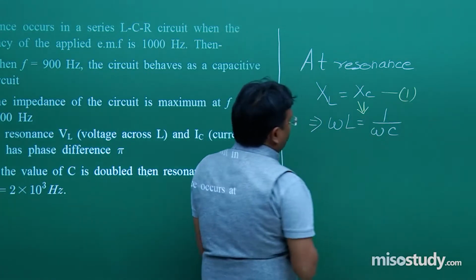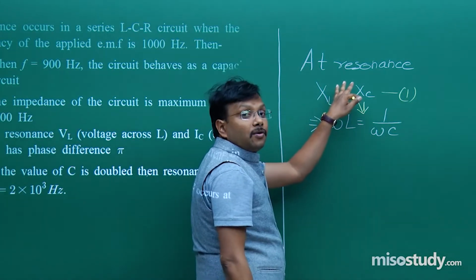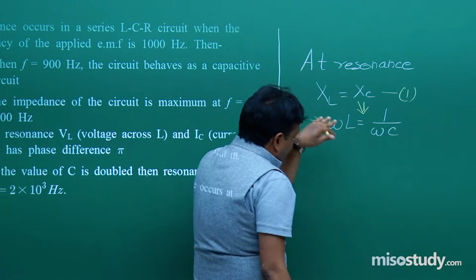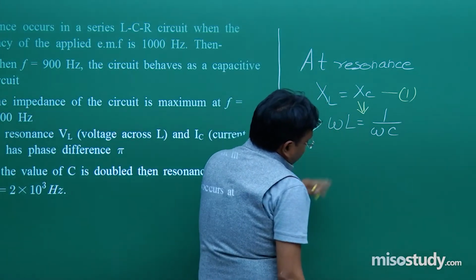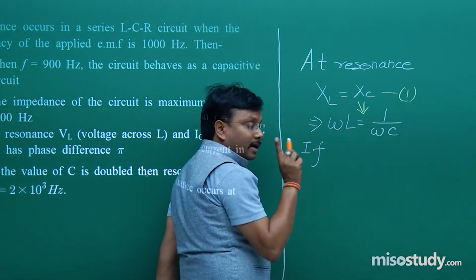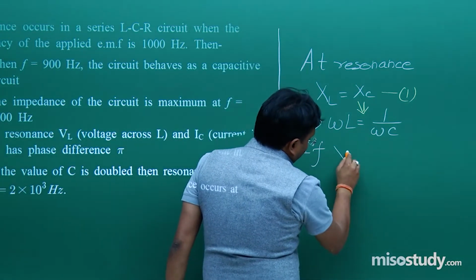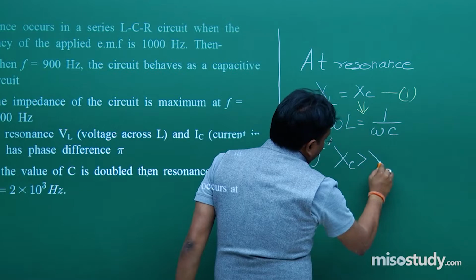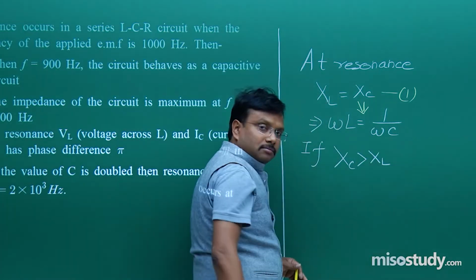Let's say this is 1. This is the condition of resonance in an LCR circuit. So after this much explanation, condition 1 is, listen carefully, if XC is greater than XL.